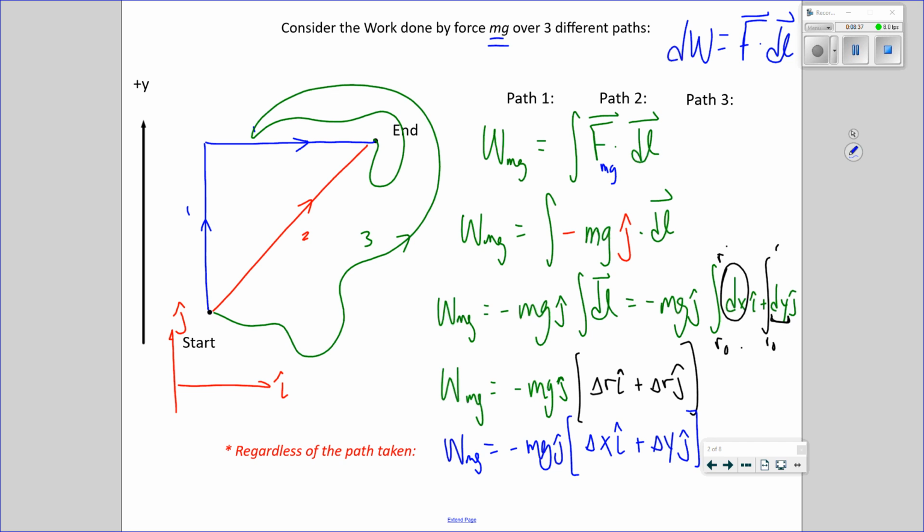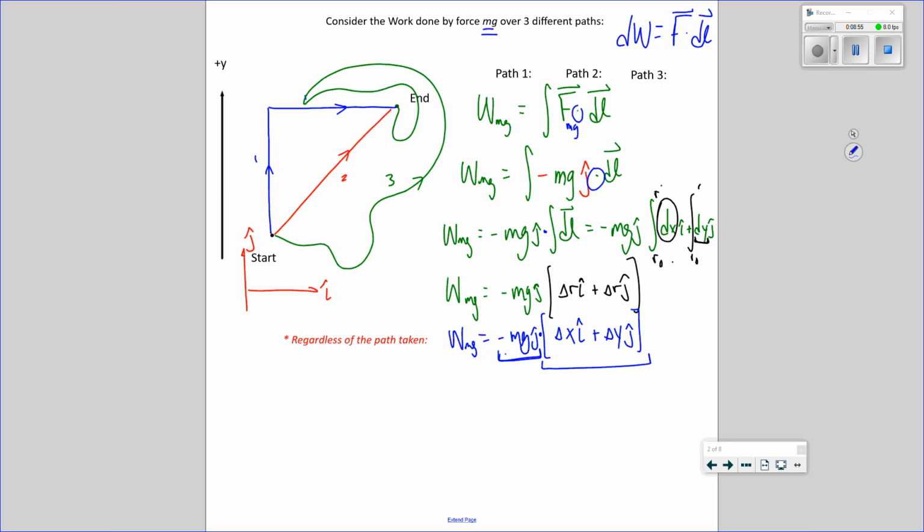And so what I didn't put in here is we're really dot producting these things. We have to keep that dot product. So we're taking the scalar product of mg in the negative j hat and that vector. Well, the j hat dot i hat stuff is 0, and we get that the work done by mg is negative mg.